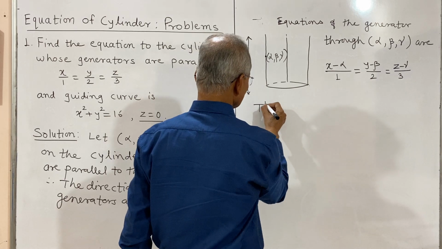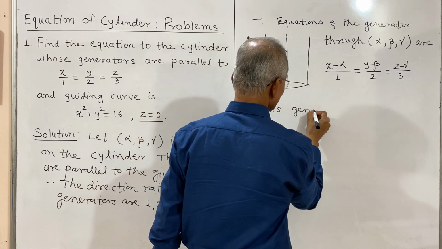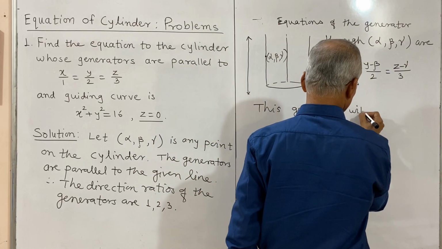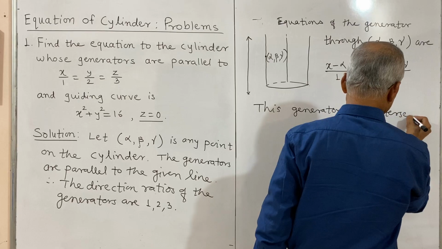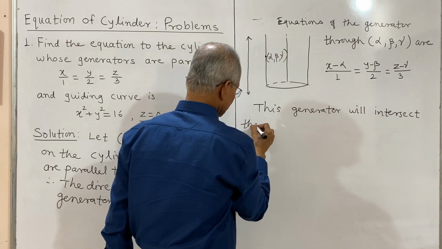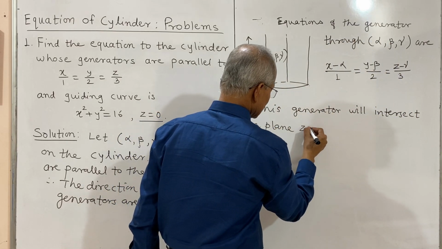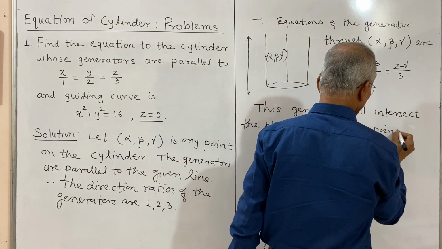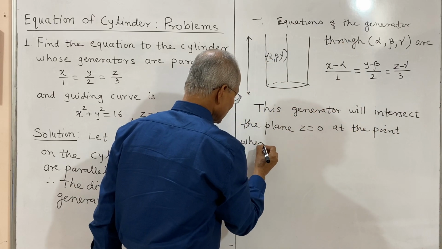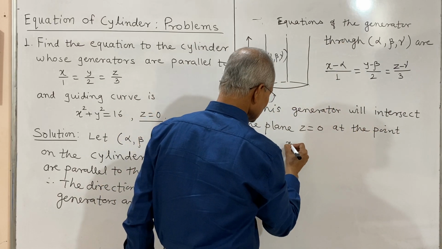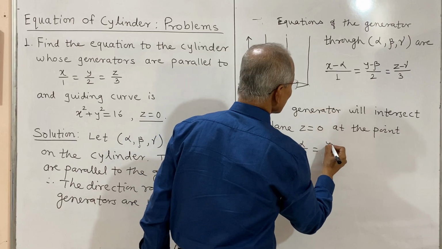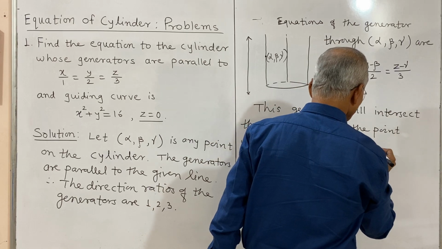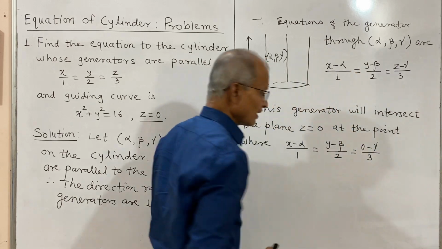At the point where z is equal to 0, the equation gives x minus alpha divided by 1 is equal to y minus beta divided by 2 is equal to 0 minus gamma divided by 3.